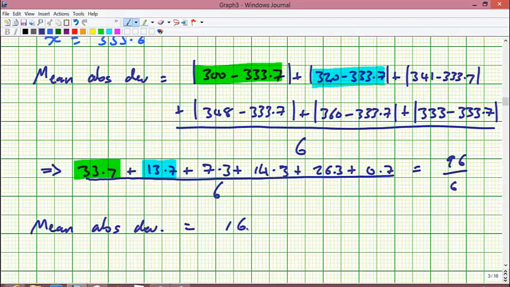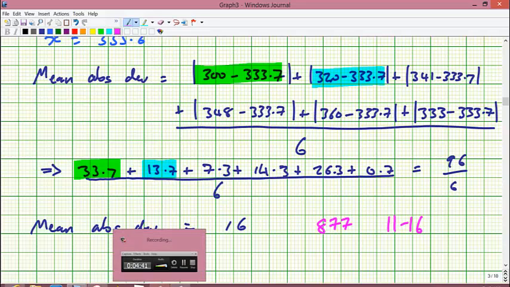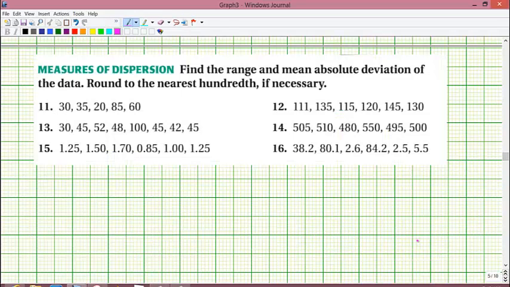Okay. So I think you need to do some of these problems. We're going to be working on page 877. And there's questions 11 through 16. I'm going to include them below. And there they are. Great.